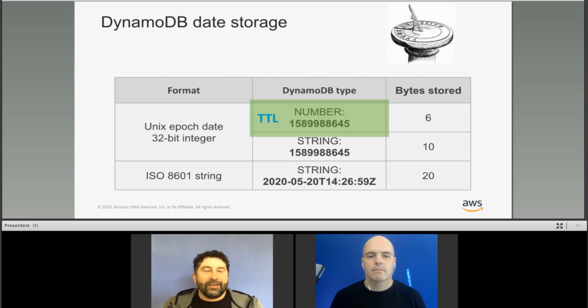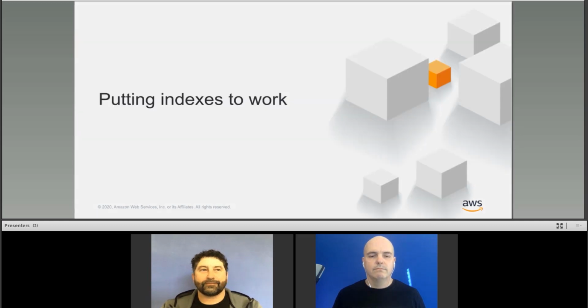To that topic, when we store an item in DynamoDB, because of this flexible schema, we're going to store the attribute names. So if we're storing a really long attribute name, very descriptive, maybe 50 or 60 characters, we're going to store that for every record. Thinking about that and keeping those attribute names short is kind of a nice little trick for optimal efficiency with DynamoDB.